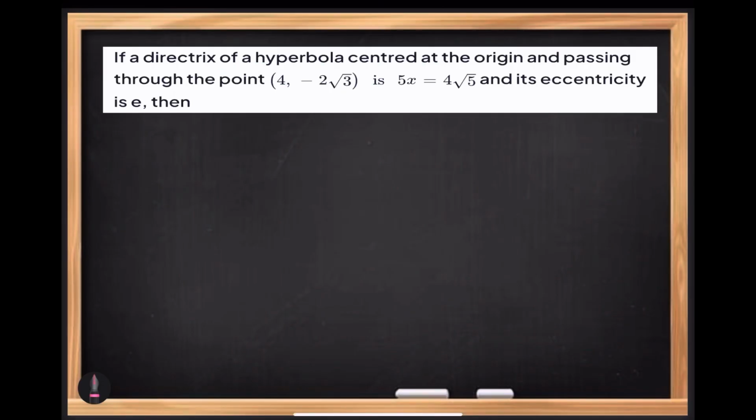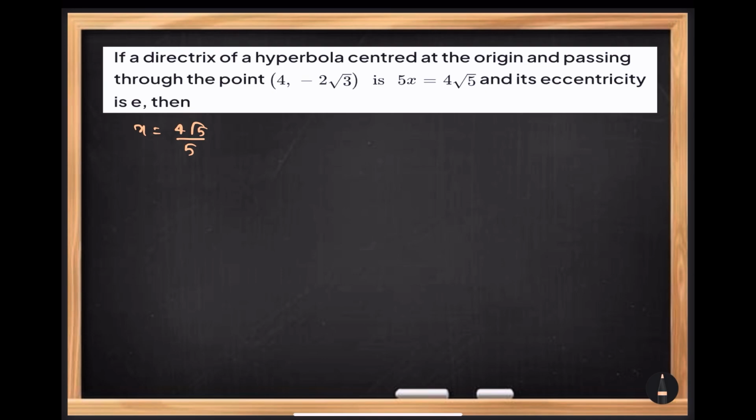Okay, so we got this situation. If the directrix of the hyperbola centered at origin passing through the point this is this. So we got x equals 4 root 5 by 5, correct?